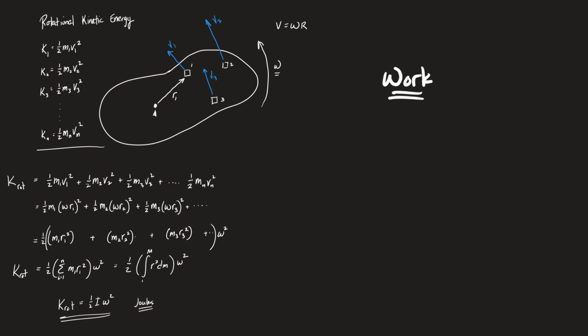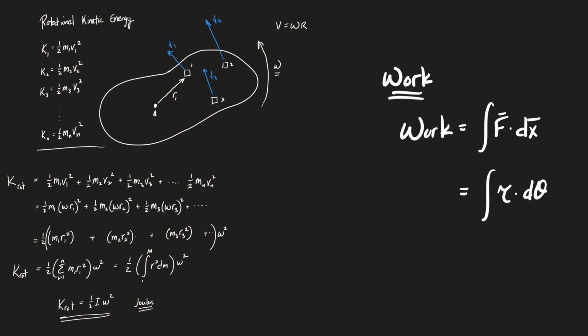Now, I don't think this is going to be a big stretch, and I'm not going to prove this to you. You already remember that the definition of work for translational mechanics had to do with a force and a displacement.